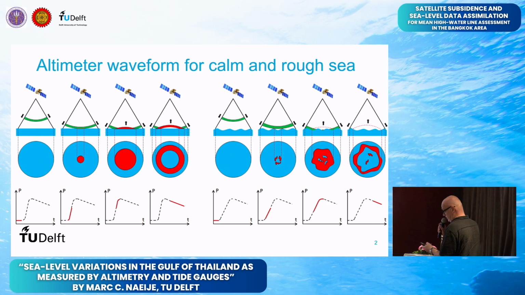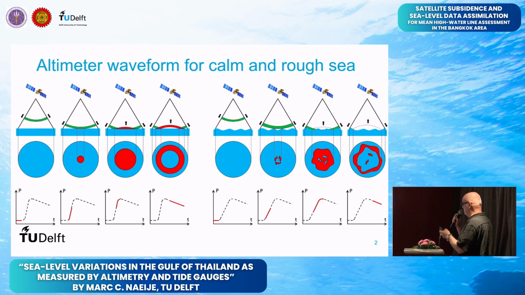And then we look at the incoming pulses at the satellite. So if you have a calm surface, you have a very steep gradient here. So basically, this waveform grows from no reflection yet till the full reflection. And when you follow this line, you can get a few of these geophysical parameters from it.